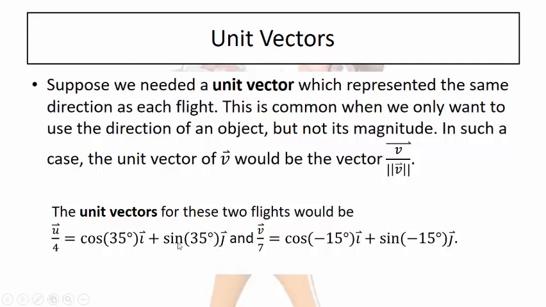And if you take the magnitude of this, you'd have the square root of cosine of 35 squared plus sine of 35 squared, which is 1. And so you'll notice the magnitude of this will just be 1. Again, the magnitude here was 7 for b, so b over 7 would identify the unit vector. So I'm mentioning this is how you find the unit vector for any given vector.